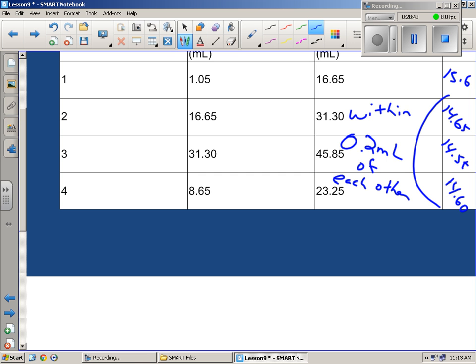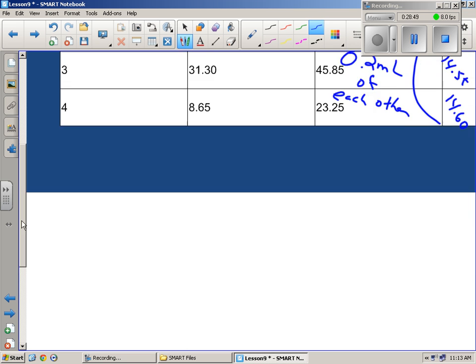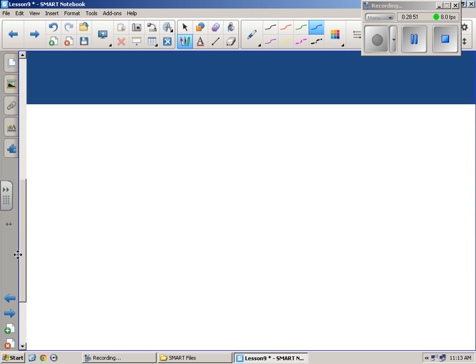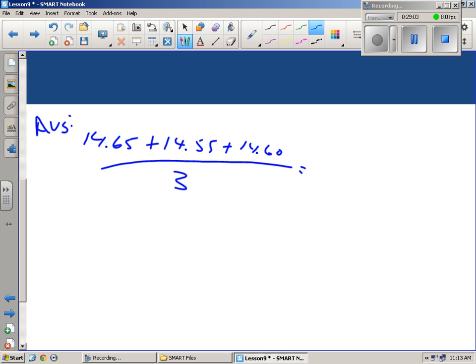Sometimes you might only have 1. It depends on how accurate that measurement is. So you're going to average 14.65, 14.55, and 14.60, divided by 3, and you get 14.60 milliliters.